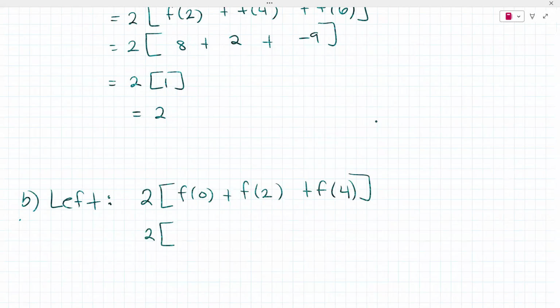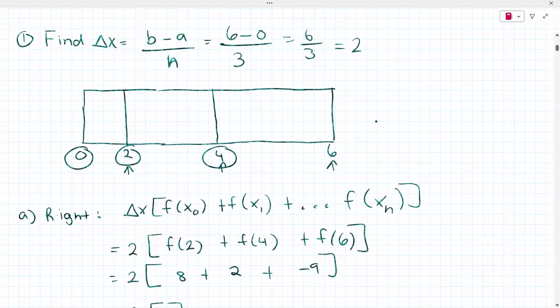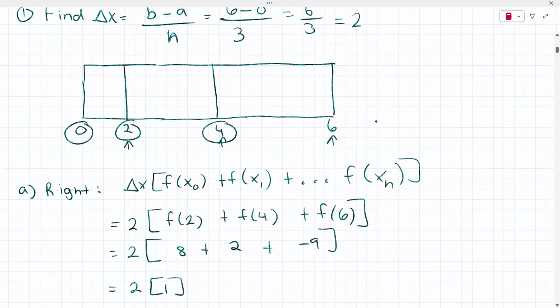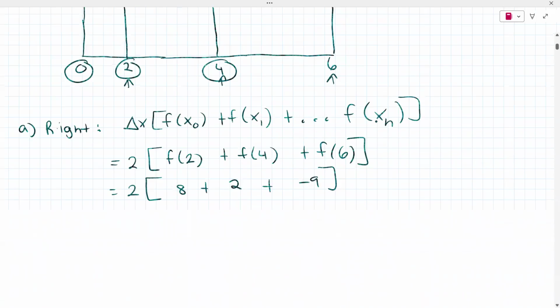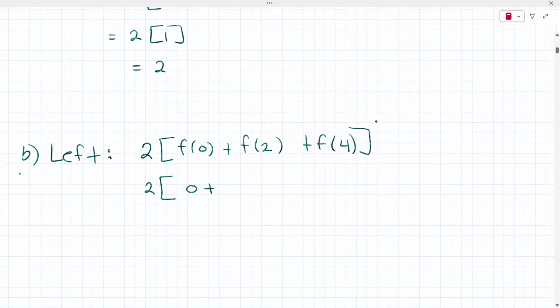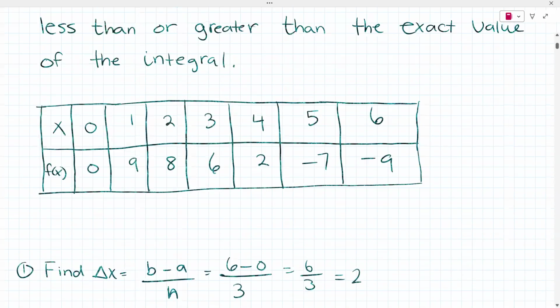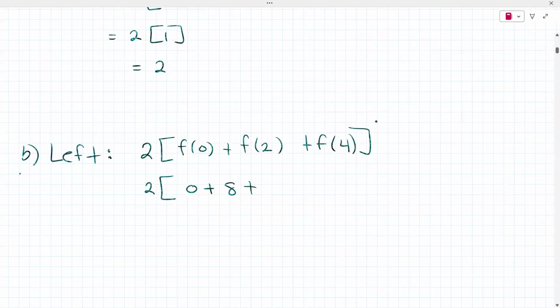So this is going to be 2, and then f of 0 spits out 0. F of 2 spits out 8. F of 4 spits out 2. So that's 2, and then 0 plus 8 plus 2 is 10.